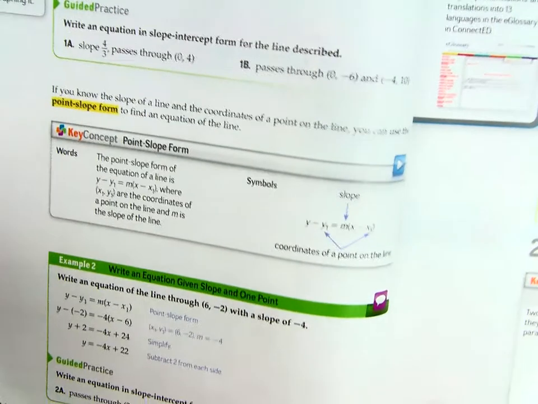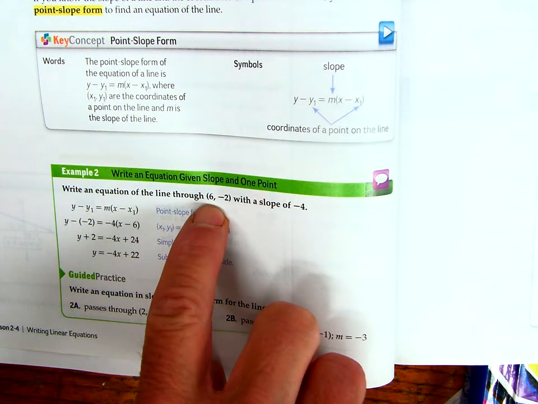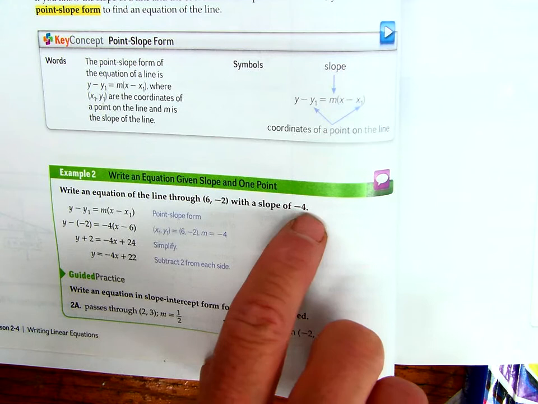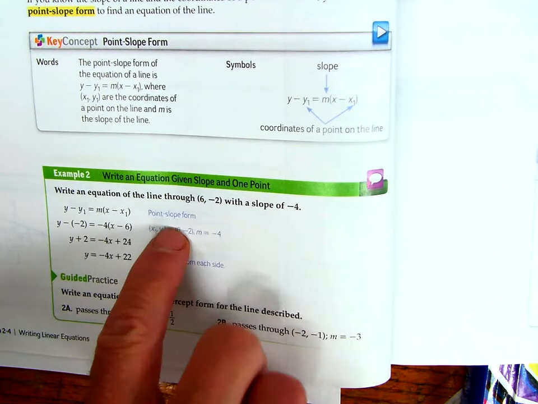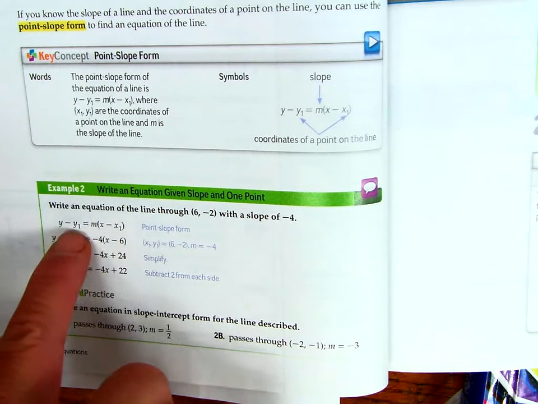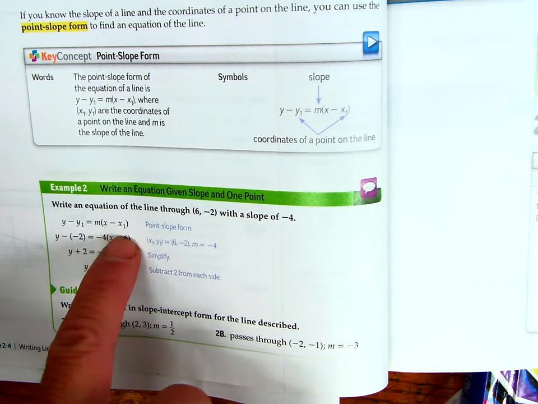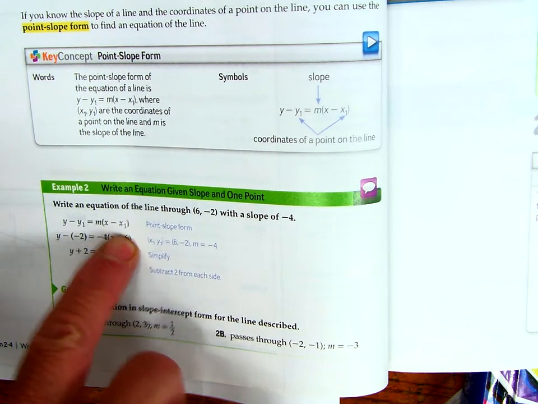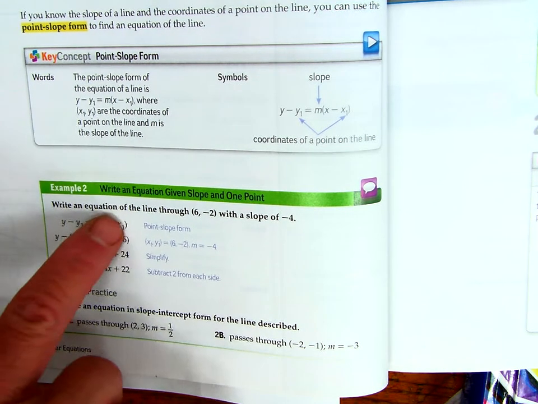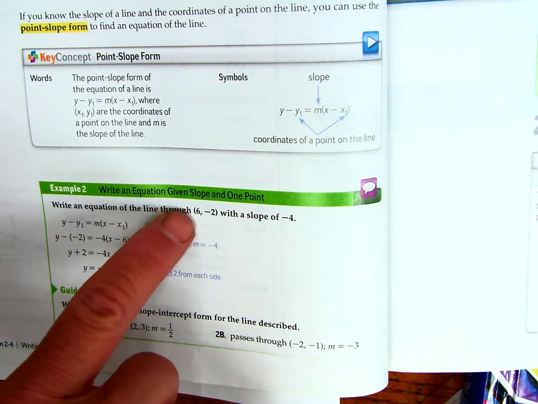If you only have one point given to you, like example 2, 1 point and a slope, this time you use the point slope form. Here it is right here. It looks more intimidating than it actually is. You're going to replace the variables that have numbers with them. Here's a point. It's an x and a y.